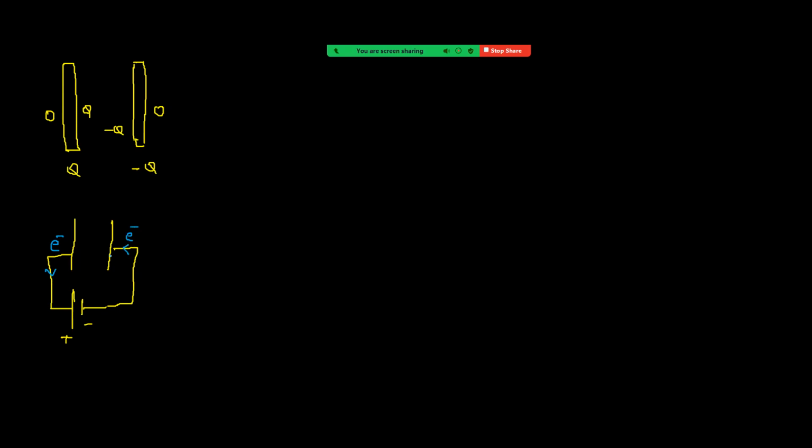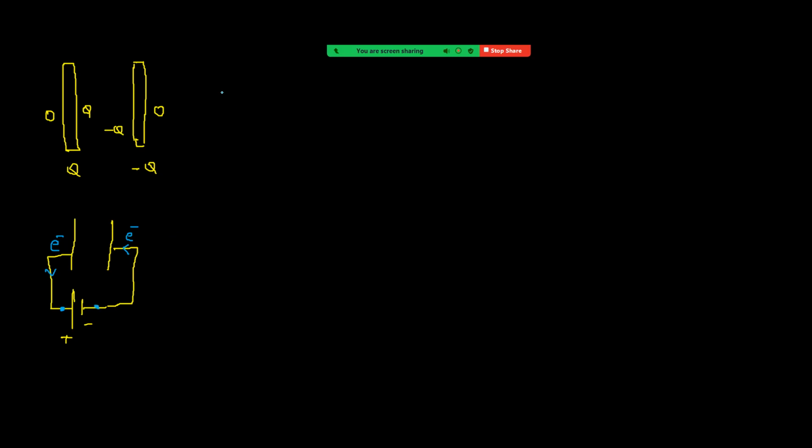That means finally this plate becomes positively charged and this one acquires negative charge. This continues until the potential difference across the capacitor is equal to the potential difference across the terminals of the battery.